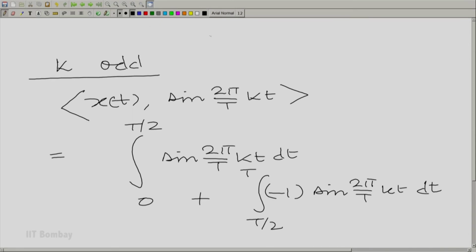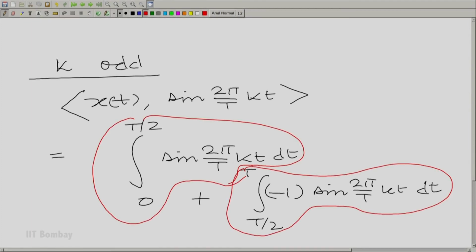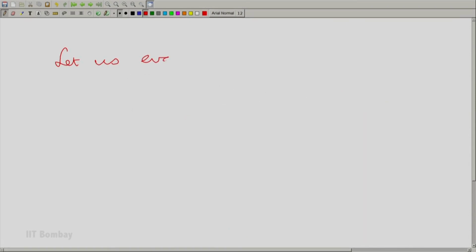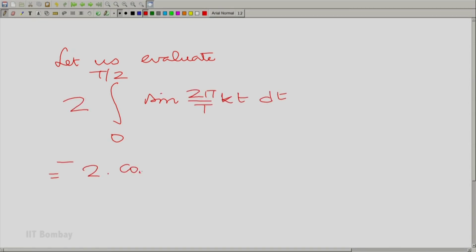Now, I leave it to you to show that this term and this term are equal. Exercise. Show these are equal. This one and this one. And therefore, I am just going to evaluate any one of them. Let us evaluate the integral from 0 to T by 2 of sine 2 pi by T kt dt and multiply it by 2.